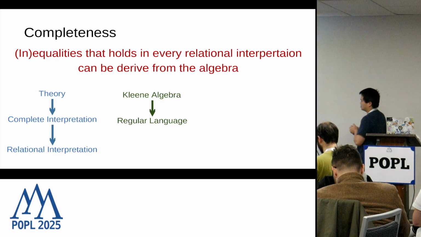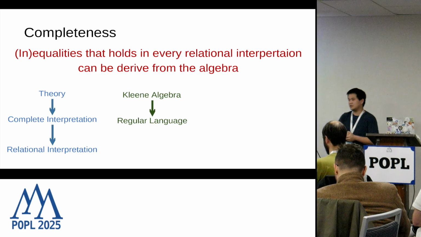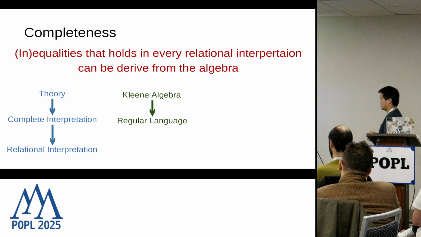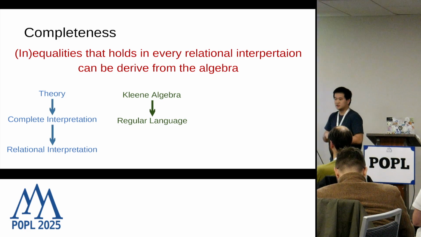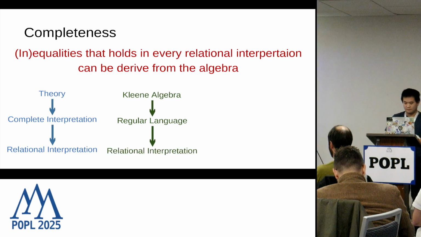For Kleene algebra, the complete interpretation is regular languages. So it basically computes a regular language from the regular expression. And this was only proven in the 1990s, which is way after regular expressions were introduced. So as you can see, it's a very hard proof.